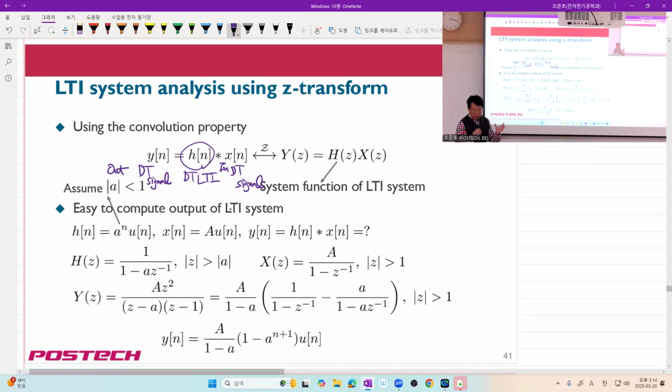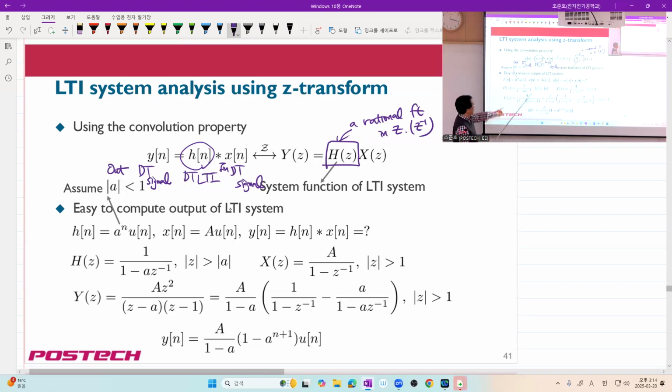But as I told you, this Z-transform of the impulse response may be, not always, a rational function in Z or Z inverse. This is what we want. Then, in that case, it's very, very powerful.